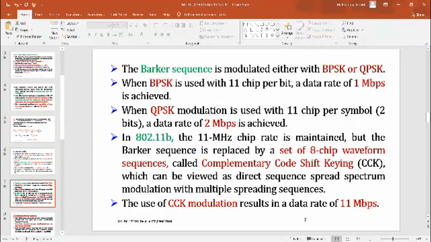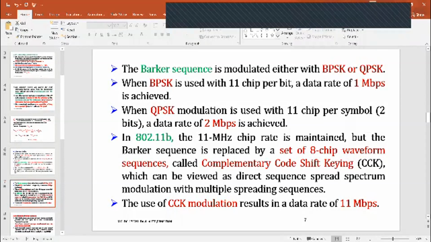Those are known as complementary code shift keying, which may be viewed as direct sequence spectrum modulation with multiple spreading sequences. With the use of CCK modulation, it is possible to achieve a data rate of 11 Mbps. So this is what concerns the second application, that is the wireless local area network.